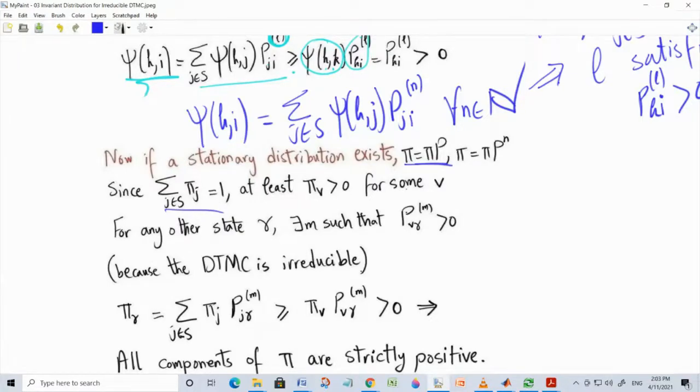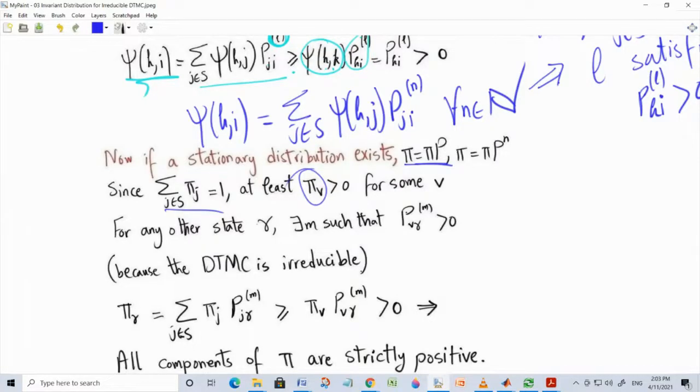So even if some components in the stationary vector are 0, there must be positive components, because if every component in pi is 0, then it is not even considered an eigenvector, and the sum of its components will not be 1, right? So we are guaranteed that there is a pi_v that is greater than 0.